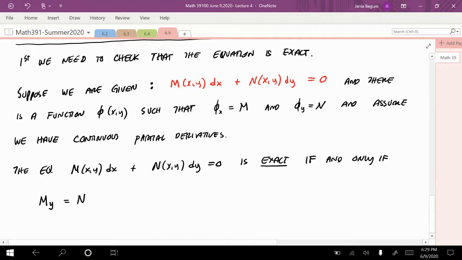So if and only if these two mixed partials are equal, then we said that the differential equation is exact. Okay, so the equation is exact if and only if my is equal to nx. So that's the final statement.